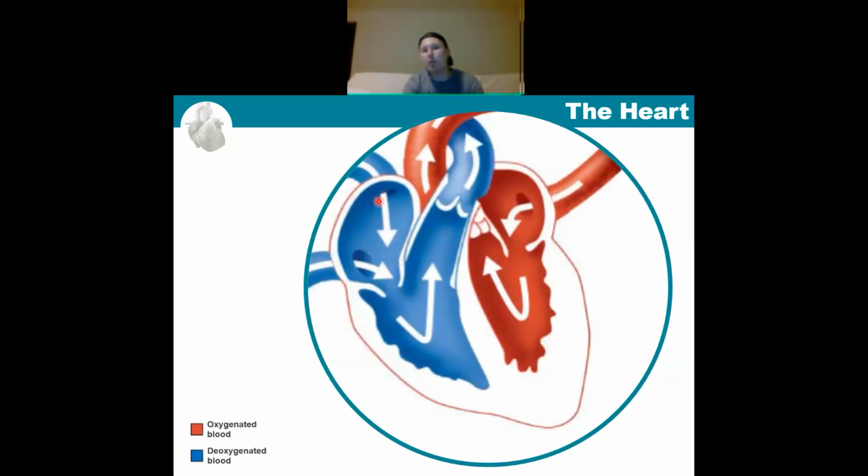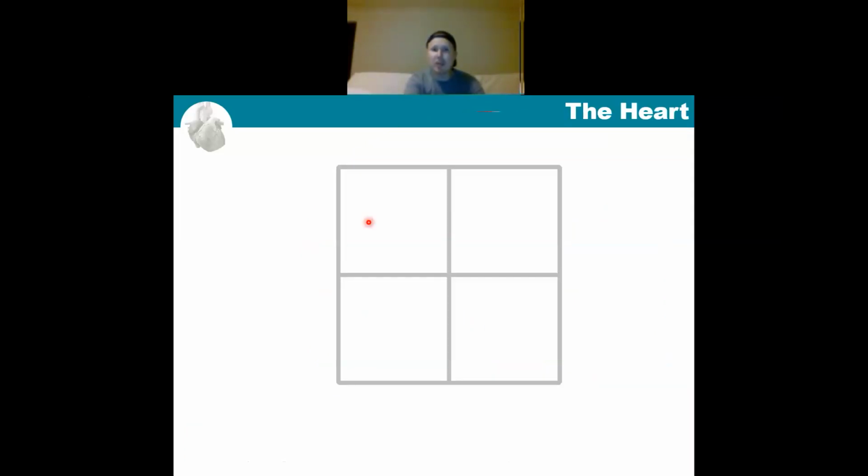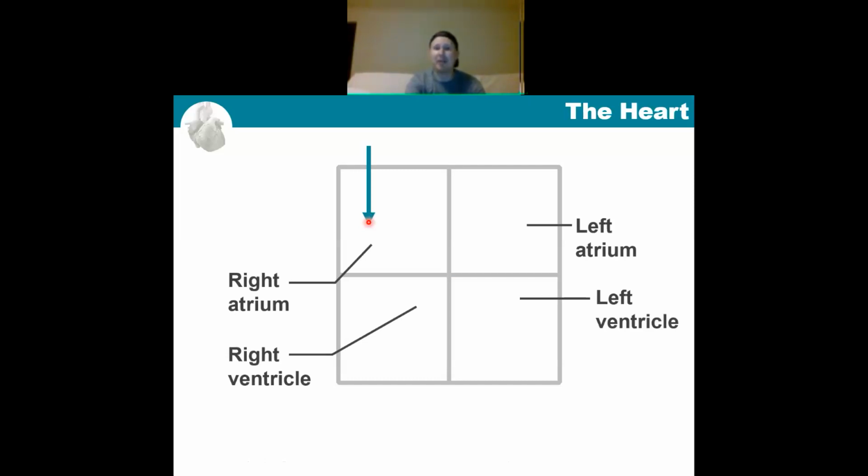And it comes from 2 different parts, but we're just going to focus on saying that blood comes to the right atria. And that's as much as we need to know. We don't need to know from how many places and in which way. But that blood is going to be deoxygenated, low in oxygen. So let's add that into this diagram. Blood comes from the body to right atria.